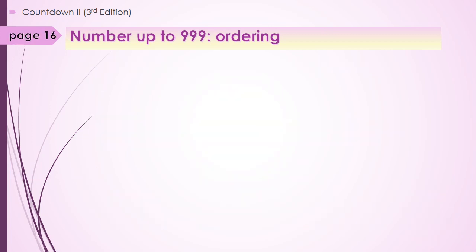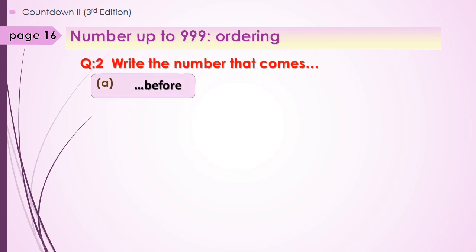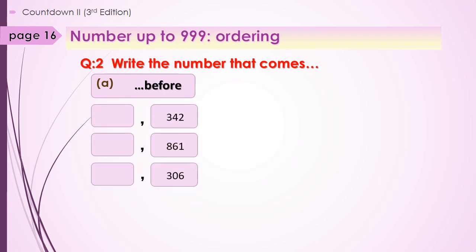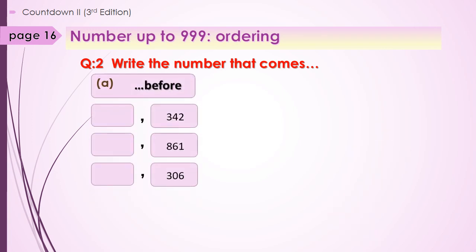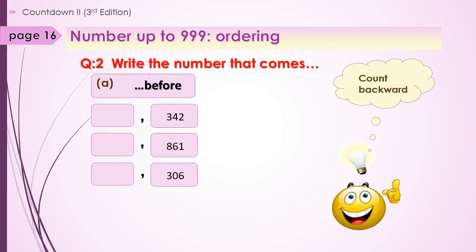Page number 16, question number 2. Write the number that comes before. Here we have some questions. Do you know how to get the number which comes before? By counting backward.